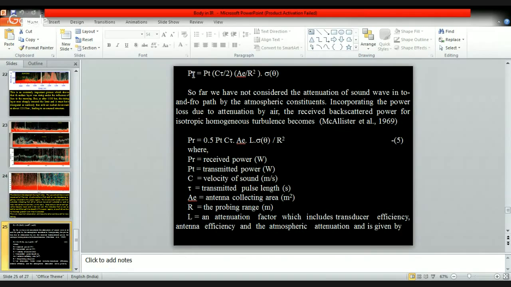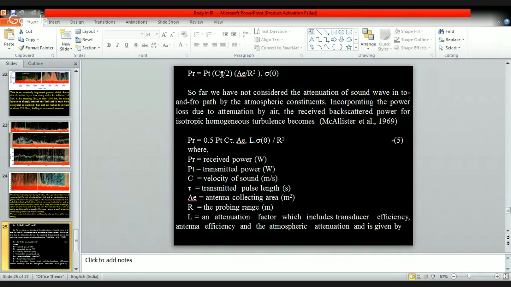PT is the power that we are transmitting. PR is the power that we receive. C tau by 2: C is the velocity of sound, that is 330 meters per second. Tau is the pulse length. So I transmit a pip for 50 milliseconds.